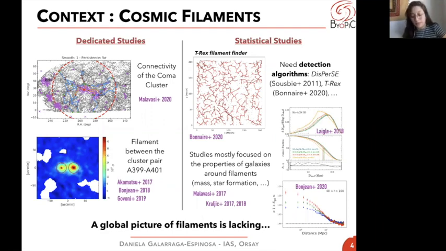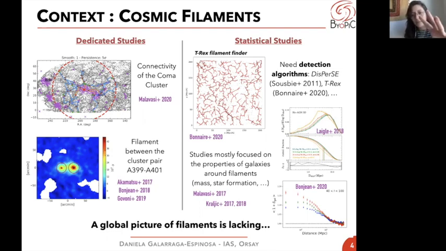I used DisPerSE, which I will introduce further in my presentation. And Tony, another PhD student in my group, is developing his own detection algorithm based on graph structure and on trees. This is his T-Rex filament finder that we can see here.